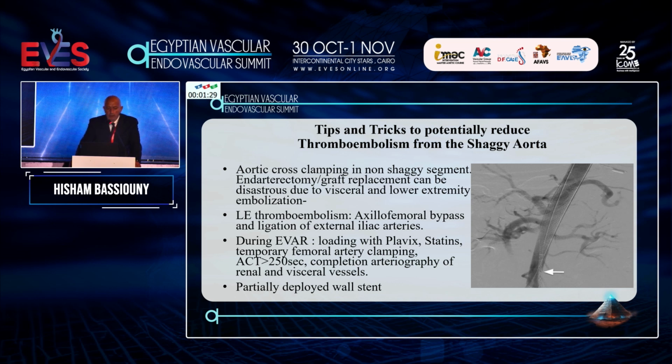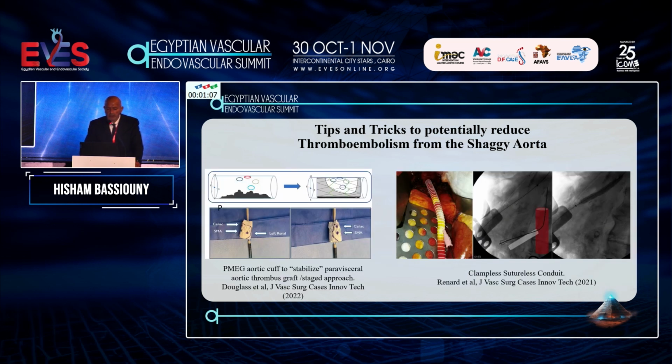And during an EVAR, loading with Plavix and statins, temporary femoral artery clamping, keeping the ACT up, and completion arteriography is important. There are currently no filters for the aortic segment, but some people have deployed partially a Wallstent distal to the stent graft to minimize embolization.